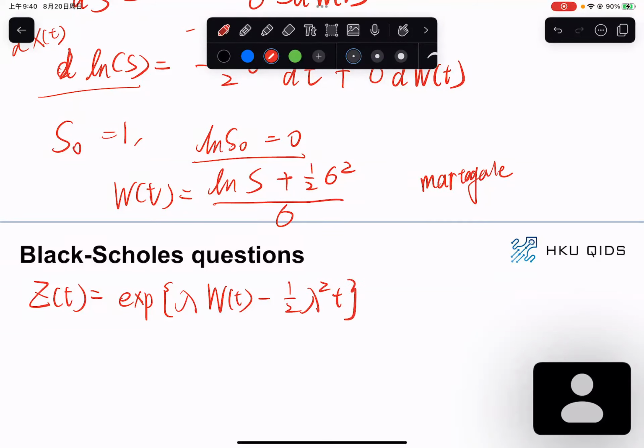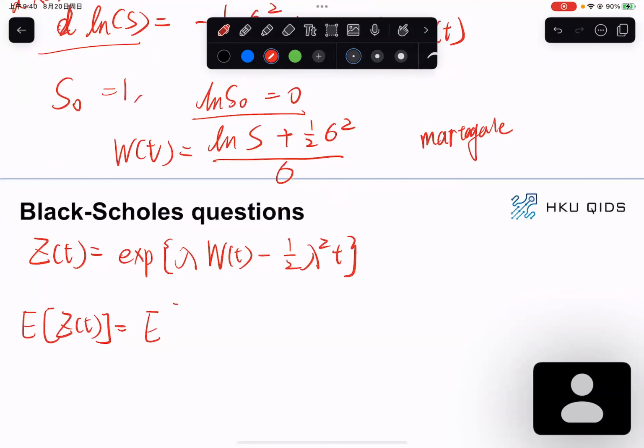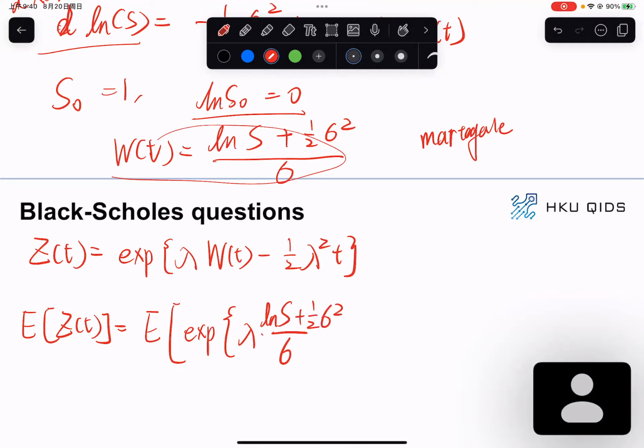And we can do the same thing where we take the expectation of Zt. It is going to be the expectation of exponential, where we put our equation into that. Lambda multiplied by 1 over sigma, and on the numerator, it is log S plus 1/2 sigma square t. Oh, there is a t, sorry.